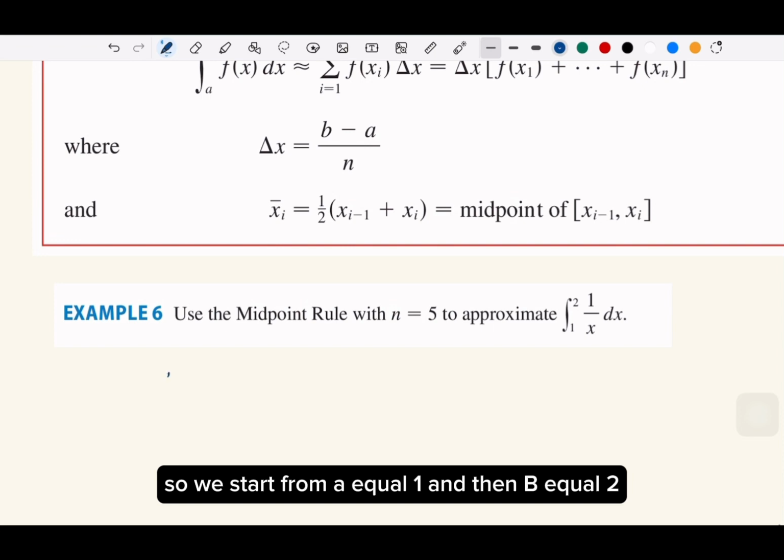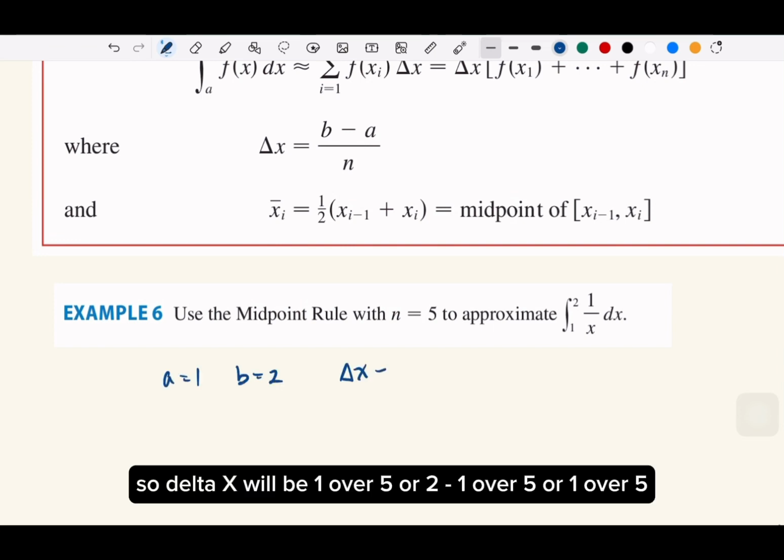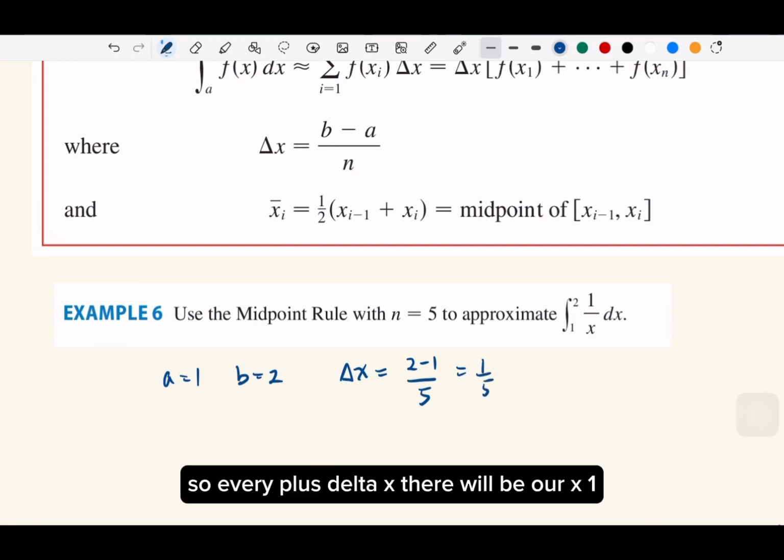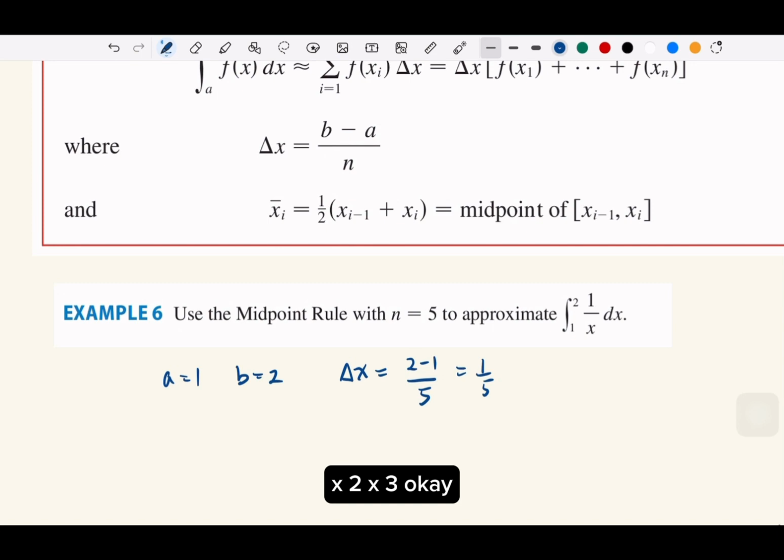So we start from a equal 1 and then b equal 2. So delta x will be (2 minus 1)/5, or 1/5. So that's delta x. So every plus delta x, that will be our x1, x2, x3, okay?